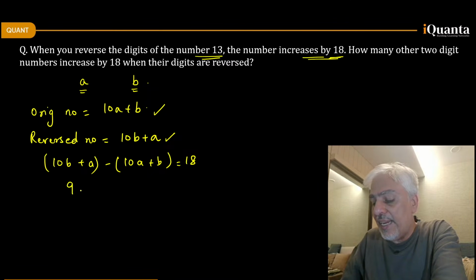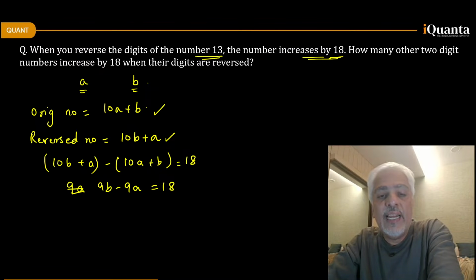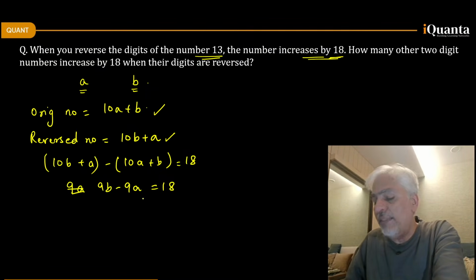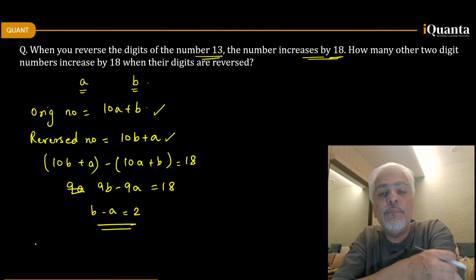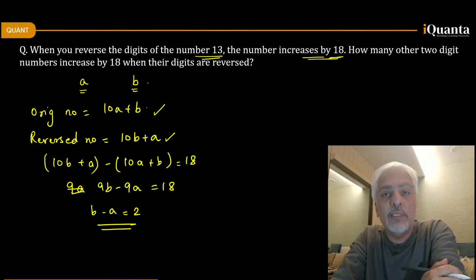I'll get 9B minus 9A is 18. Divided by 9, I'll get B minus A is 2. So basically, I need an example where B minus A is 2 and it has to be a 2-digit number.